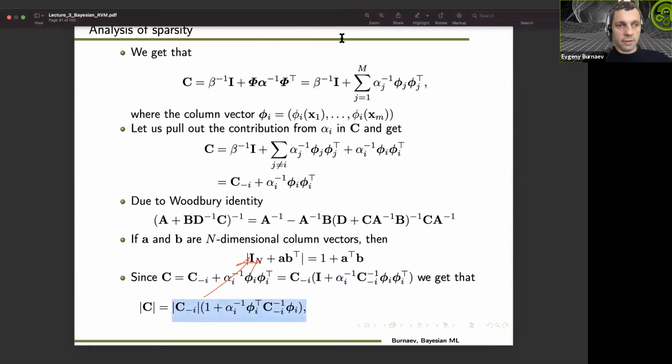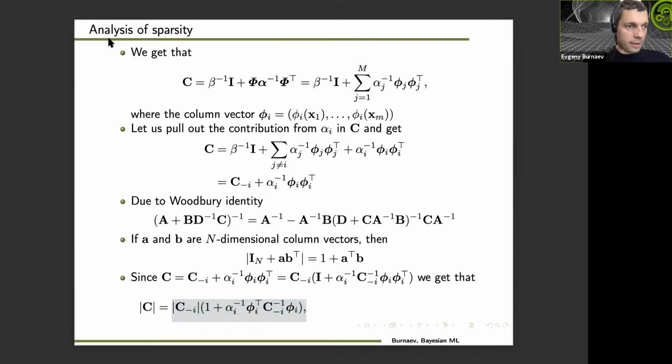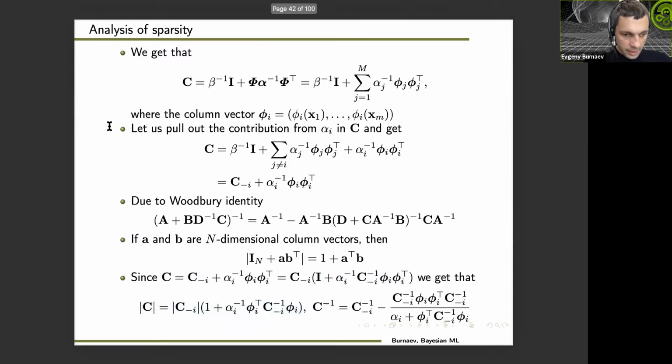This is the first consequence of such a representation. And the second thing, when we calculate the inverse of the matrix C, we get the inverse of this matrix minus this. Okay. So very simple algebra.